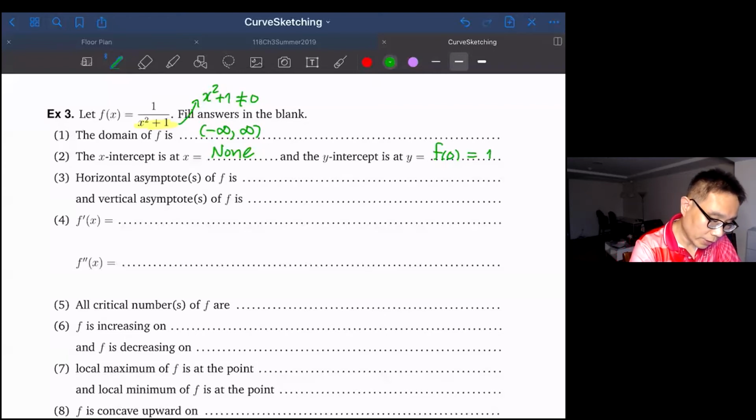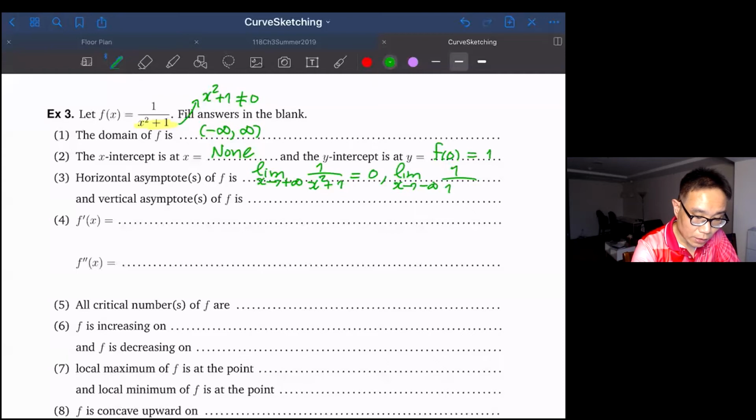For the horizontal asymptote, you need to find the limit as x goes to positive infinity of 1 over x squared plus 1. So you would get 0. It is 1 over infinity. And you have the limit as x goes to negative infinity. So it becomes 0 as well.